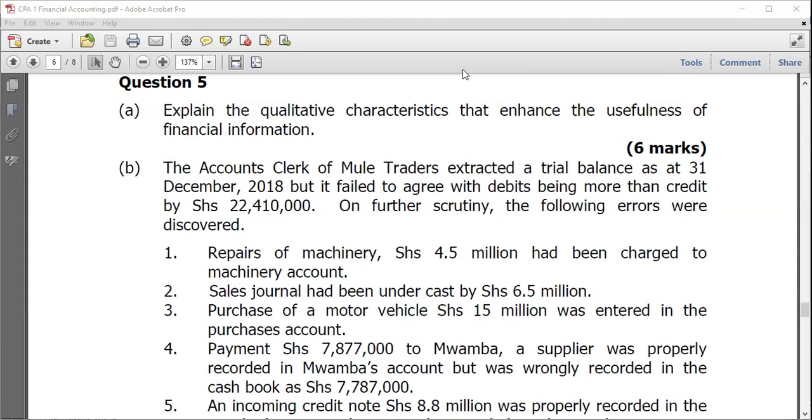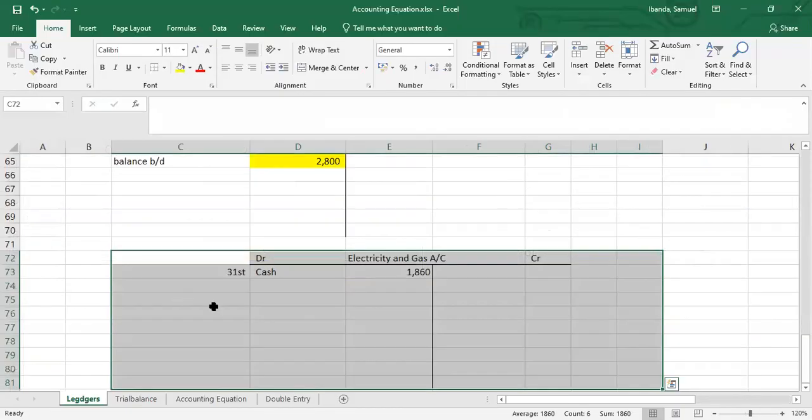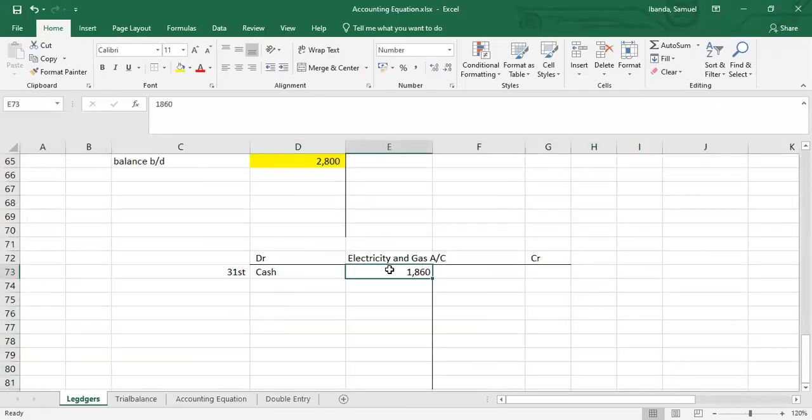So somebody says, I thought the transposition error does not affect the trial balance. Now, the transposition error, I actually gave you an example. The transposition error affects the trial balance in cases where the transposition has been made on only one account.